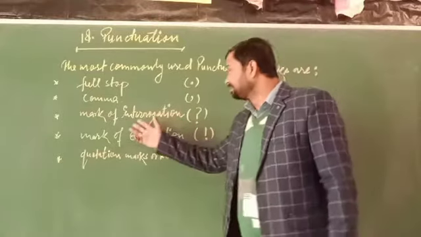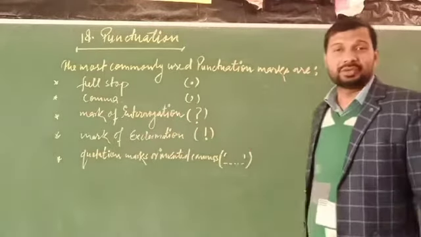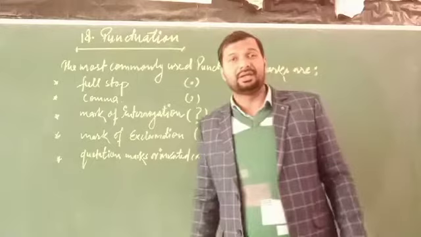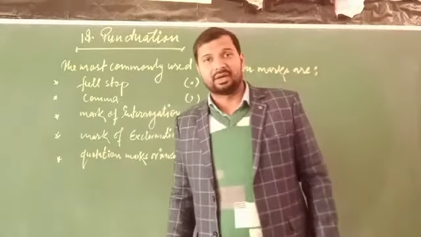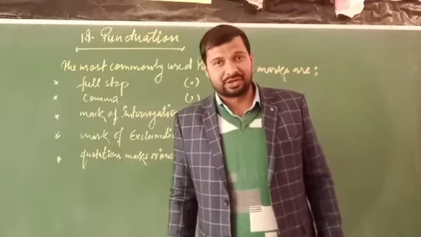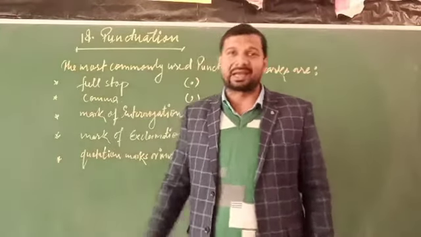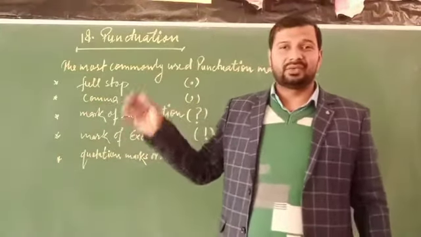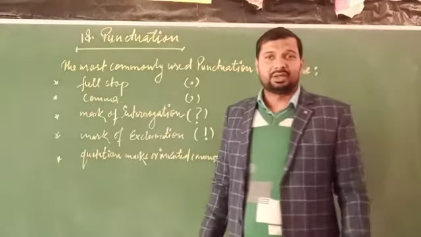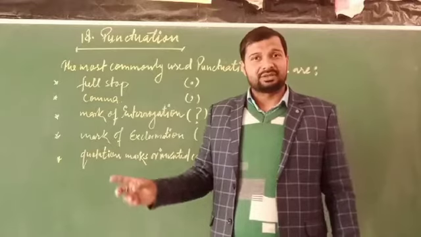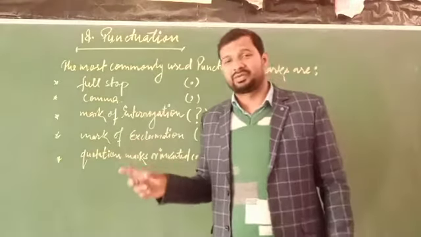At first, you see marks of interrogation. You know that an interrogative sentence starts with interrogative WH words like why, when, how, where, which, whom, whose. With that, the sentence is an interrogative sentence.